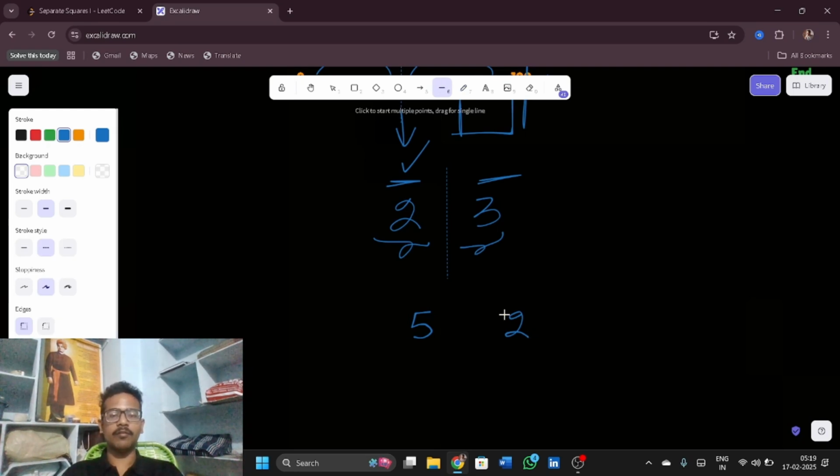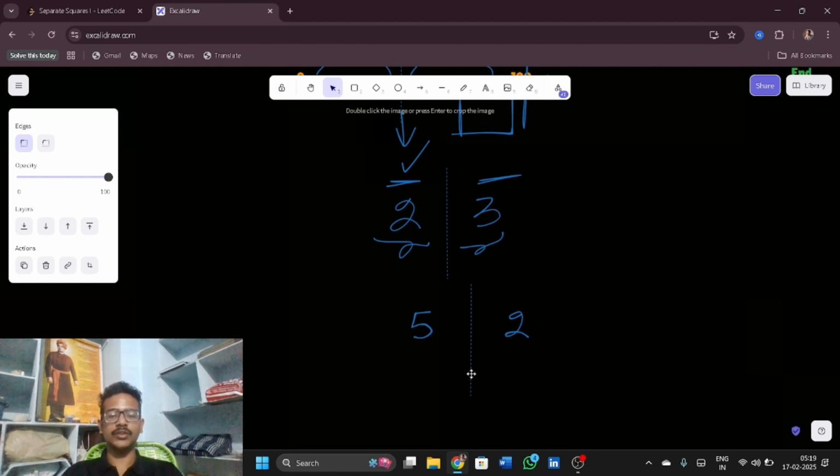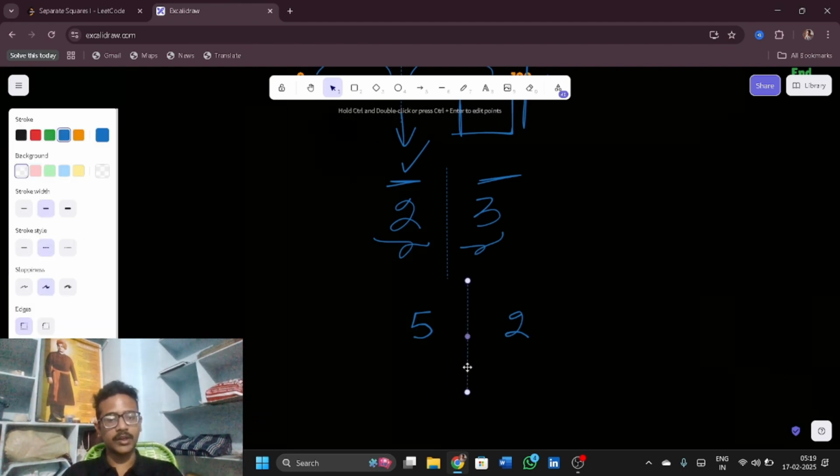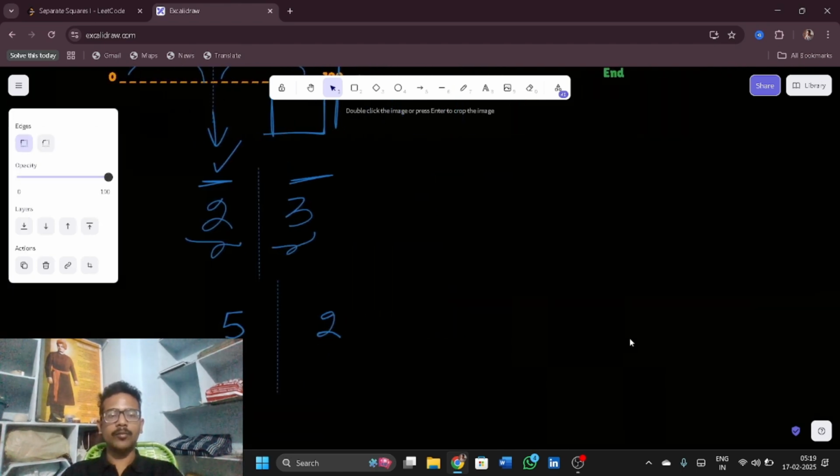Now my middle value is here. Now where should I go? I should go to the left side because I can get a mid value there. Why am I doing this?